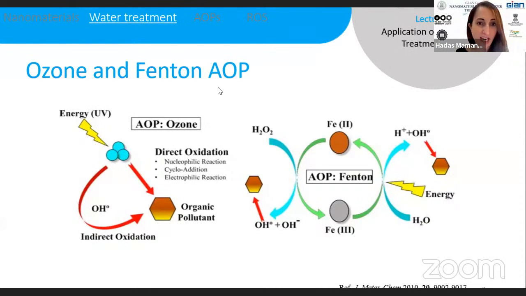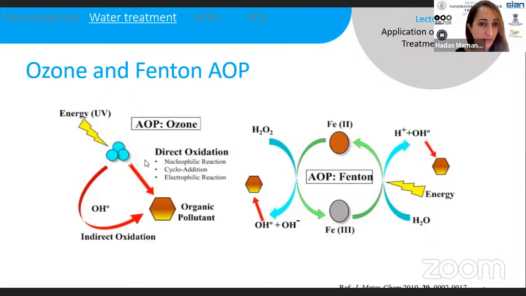So there are different types of AOPs. One example of AOP is AOP based on ozonation, where we can have different types of processes. So this is the ozone molecule. Ozone with natural organic matter in the effluent can actually result in formation of hydroxyl radicals, but we can also add energy to that.